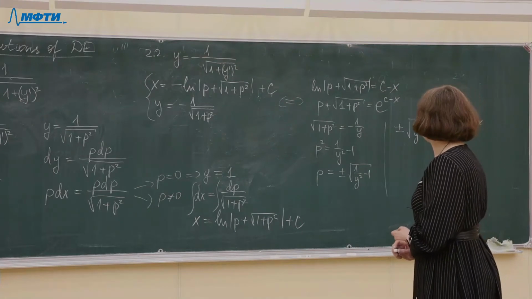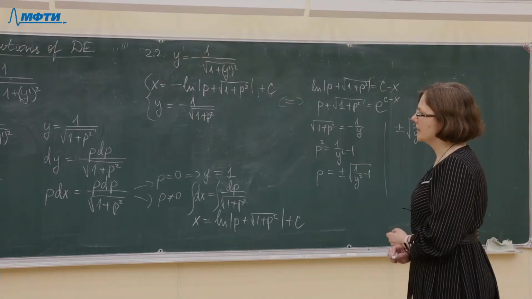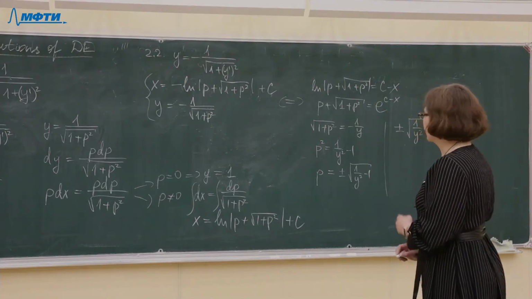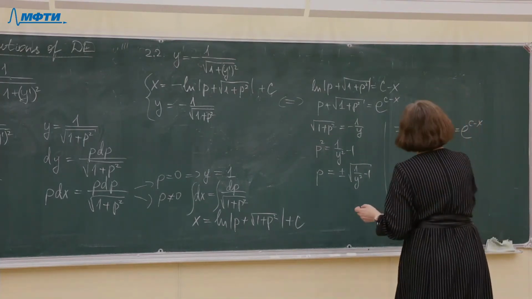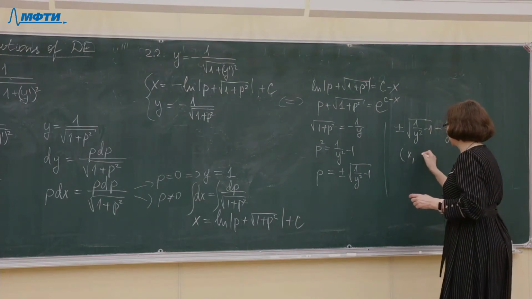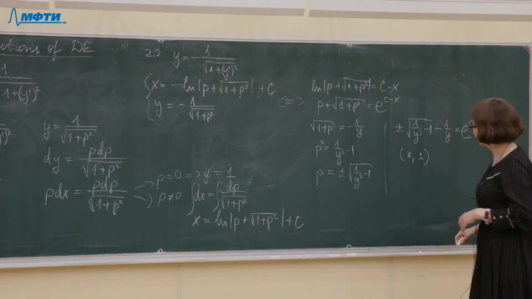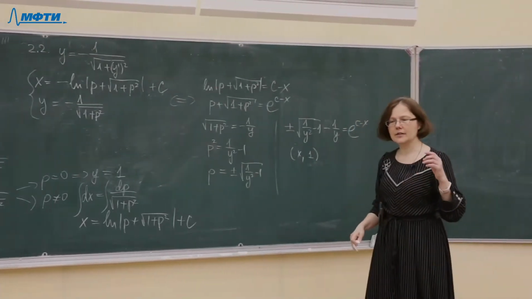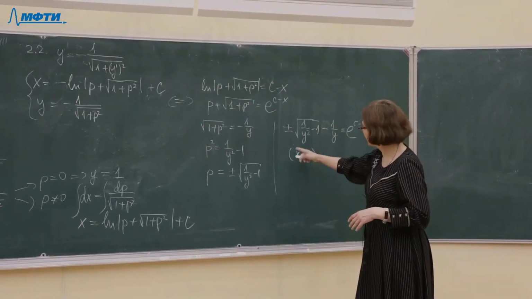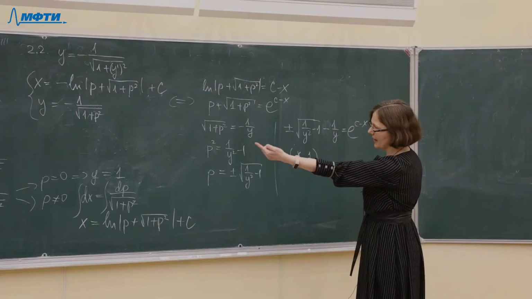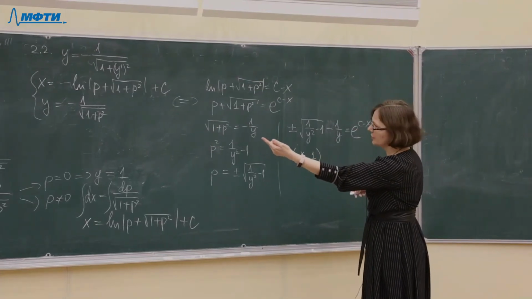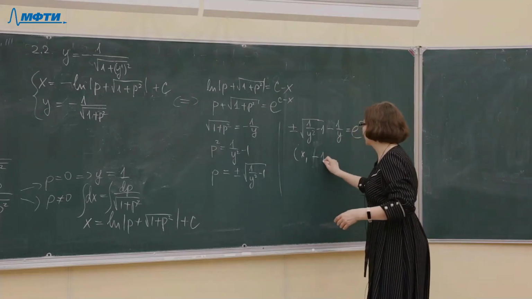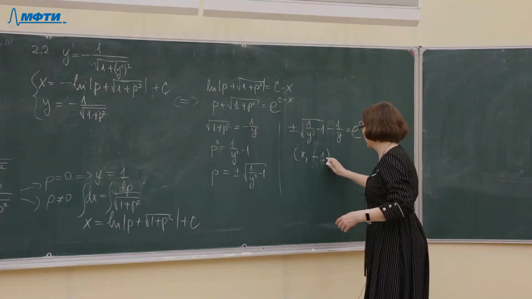And we must show that through any point x and 1, there are at least two solutions passing through this point. So the first solution is our solution. Just a moment. It must be negative 1, right? Negative 1.